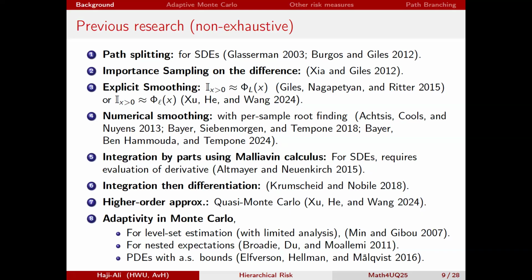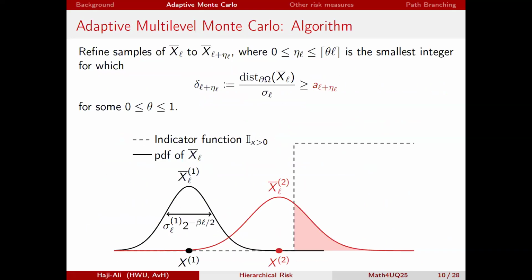So this is even applying multi-level Monte Carlo, but again, assuming almost sure bounds on the difference. So that's just to say that this is a problem of interest that's been attacked multiple times in multiple contexts. And here I'm presenting two more methods to the arsenal of this research.